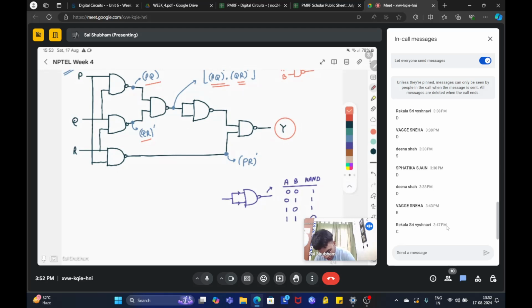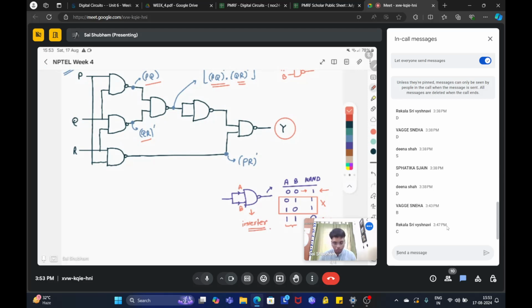so these two cases are not possible because both the inputs A and B are shorted. Okay, so we won't consider them. If you look at these two, you will see that whenever the input is 1, the output is 0, and whenever the input is 0, the output is 1. So it basically behaves as an inverter.